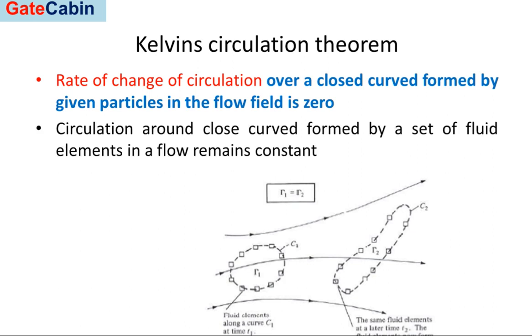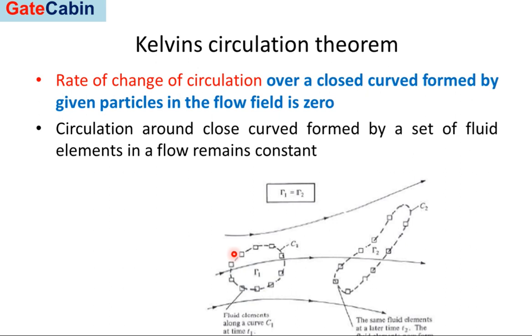To understand it better, let's say these are the fluid particles which are moving in a flow, and at a given instant of time, if we trace all these particles and join them by means of a curve, for this closed curve we can calculate the value of circulation, right?